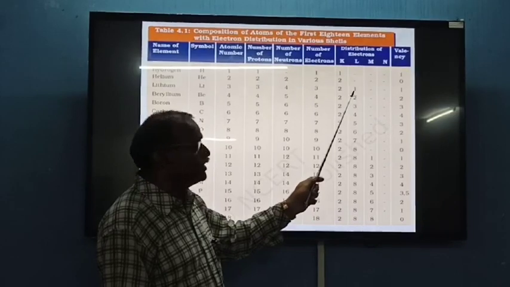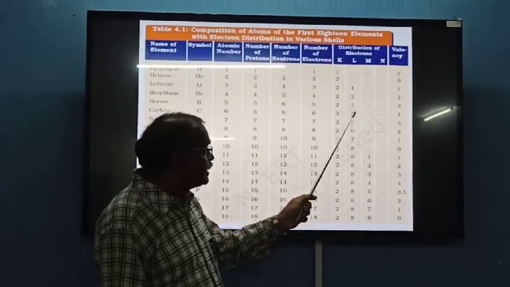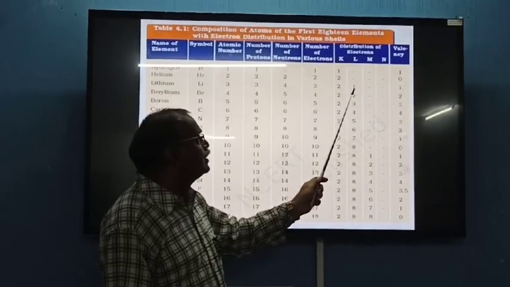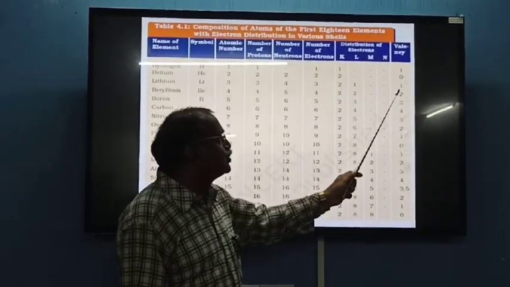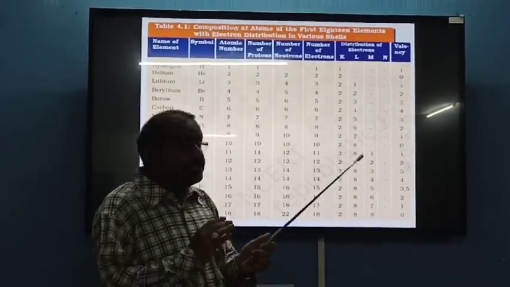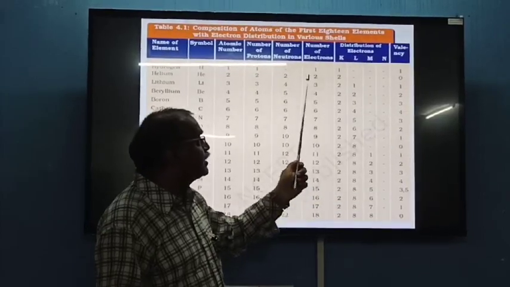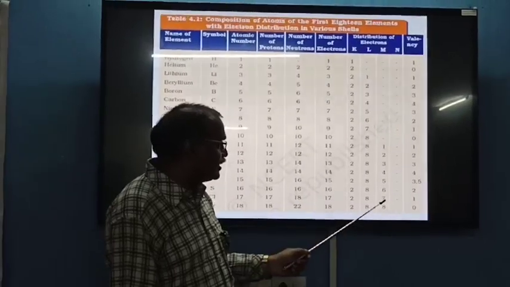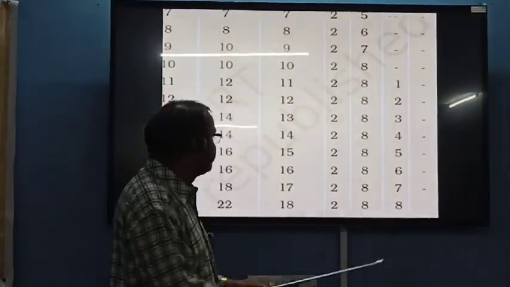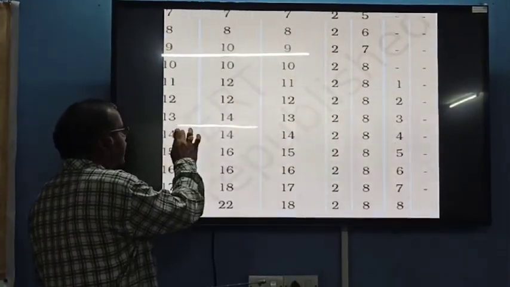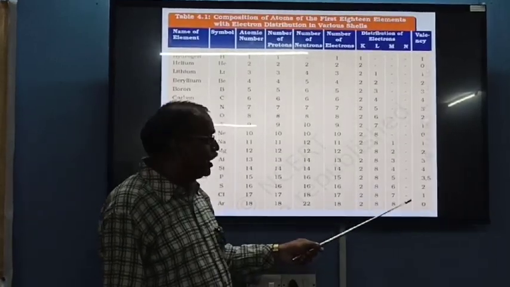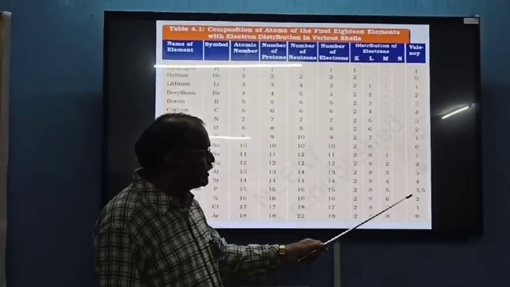Come here, 1: to get 2, it loses this electron, so its valency is also 1. So to get either 2 in the case of helium nearby, or in other cases to get 8. Here also, see 8: the last shell is containing 8. Where it is containing 8, no bonds, meaning stable. All other atoms nearby will try to get that.